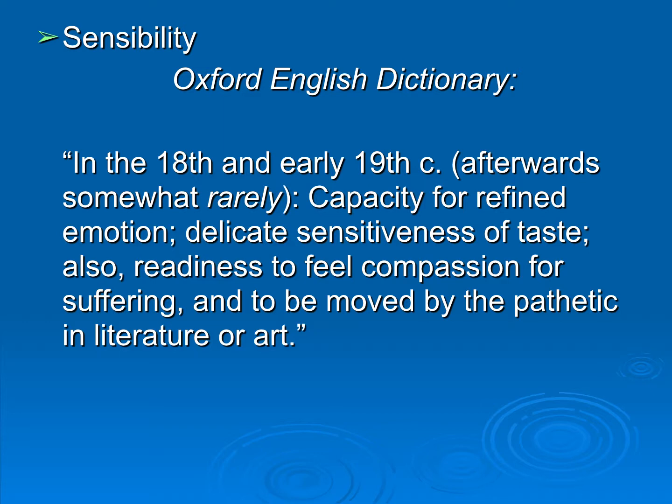So while you might have thought sensibility meant like having a lot of common sense, it kind of means exactly the opposite. It means being really sensitive to other people's feelings, and feeling a lot of compassion for other people.